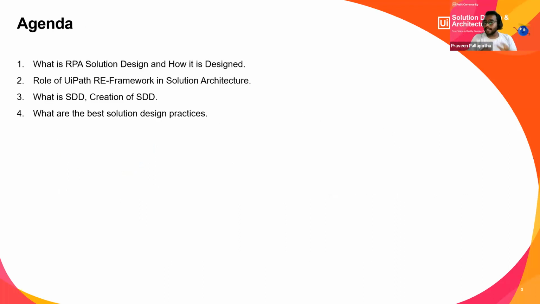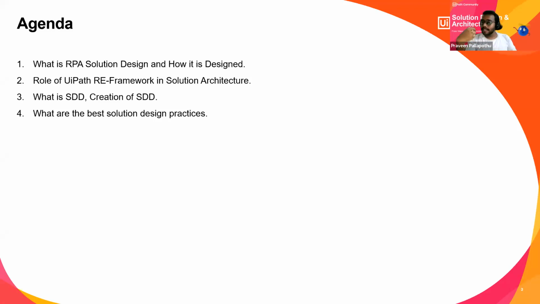Coming to today's agenda, we are going to discuss what actual solution designing is, and how we are going to design it in any RPA project. We're also going to see how the RE framework is involved in this solution design phase and what kind of impact it will have while designing a solution.